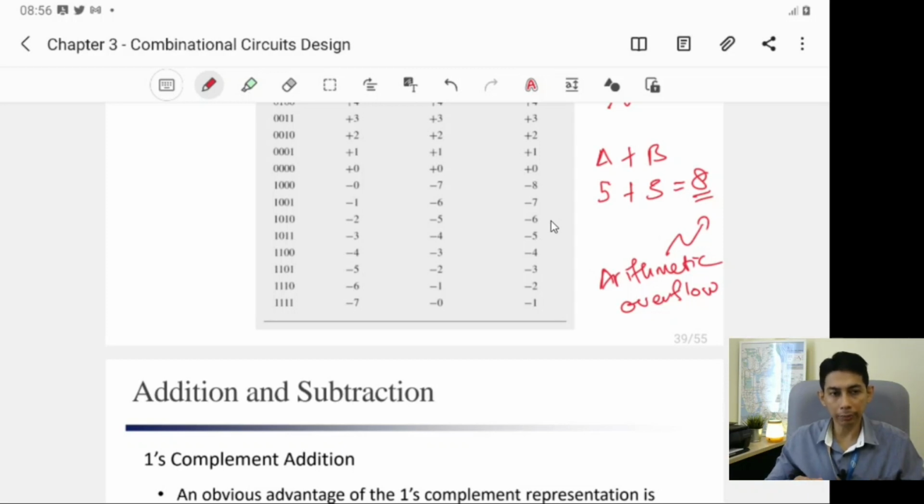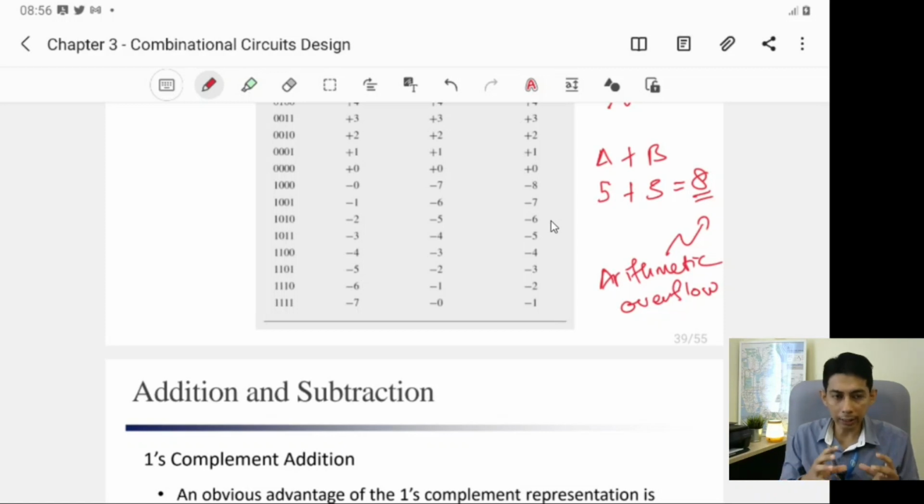For example, our system is 4-bit, and when we do an arithmetic operation, the result can be more than 7 or less than minus 8. So how do we handle that result, how do we store that result? Maybe we need extra space, an extra location, to store the result.